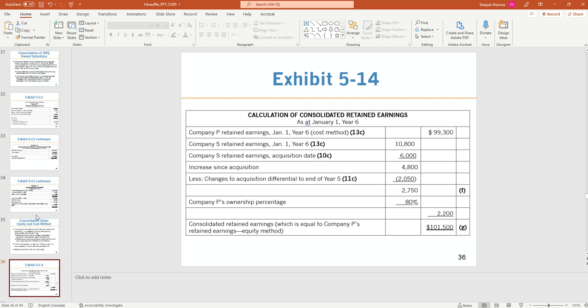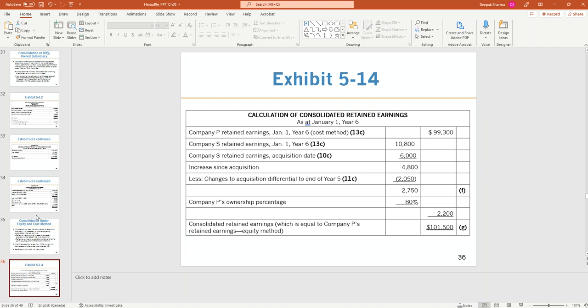Then you take that amount, 4,800, minus the acquisition differential that existed, which includes 2,750. And company P's ownership on that is 80%. So 80% of 2,750 is 2,200. And then we have a consolidated retained earnings of 101,500. Okay, that's how you do the consolidated retained earnings from the date of acquisition.